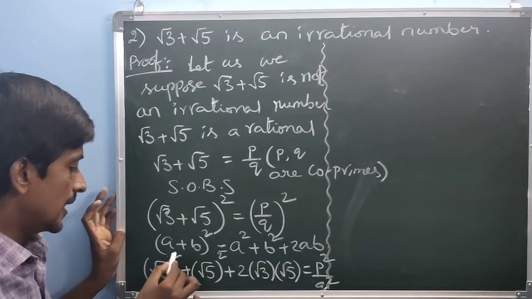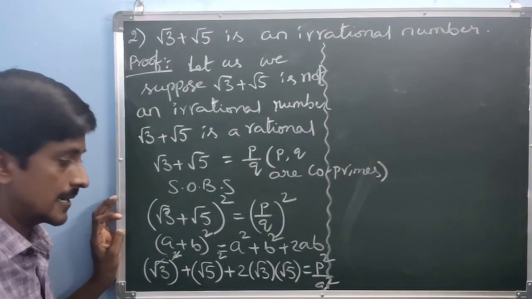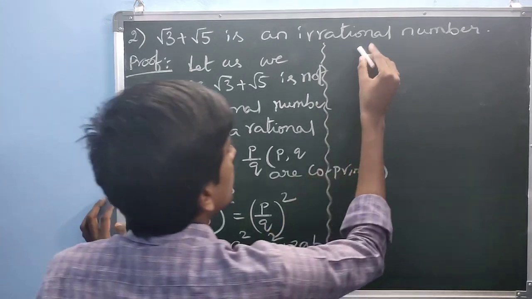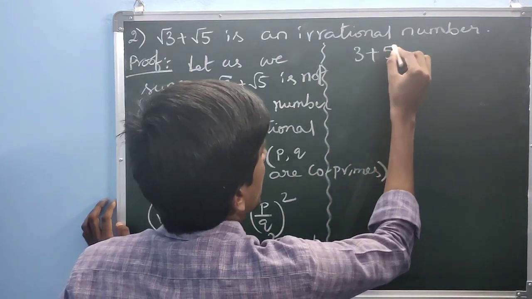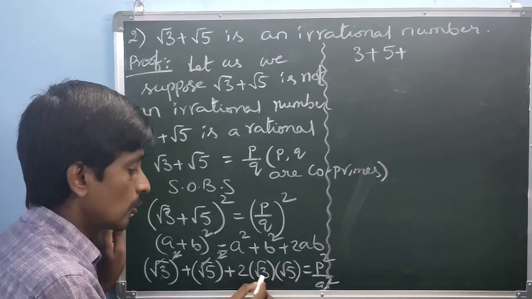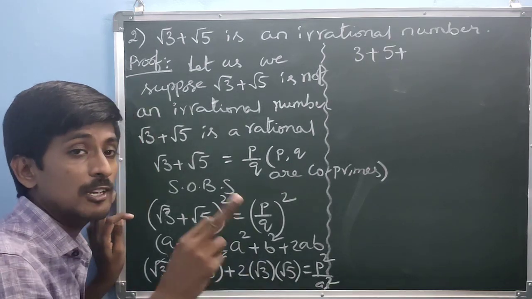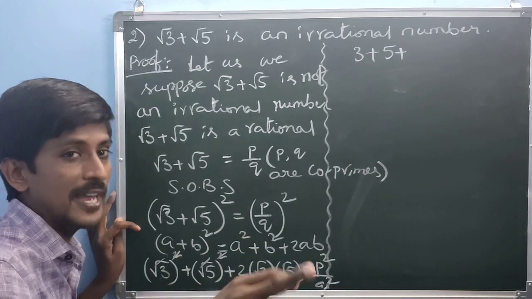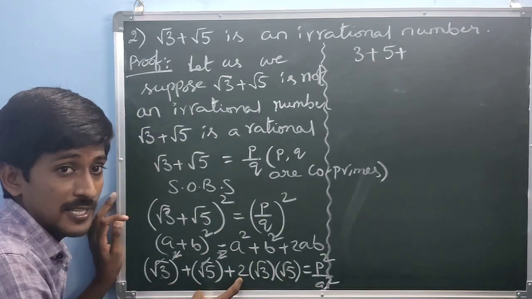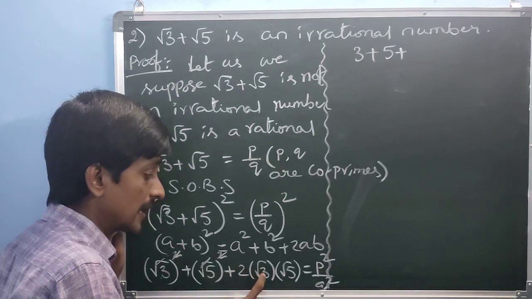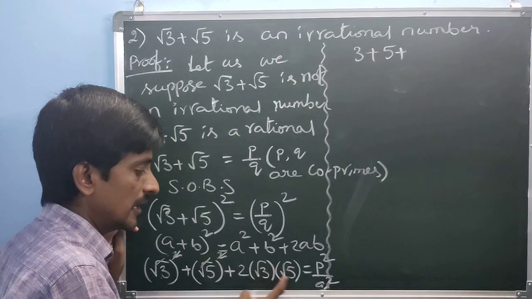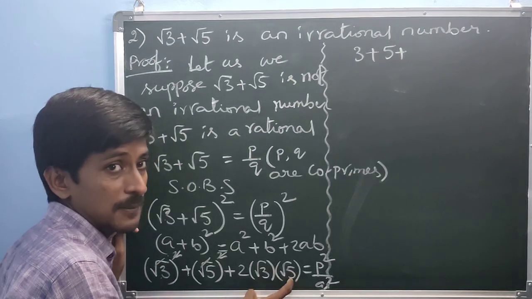Here the square and square root cancel: 3 plus 5 plus 2 into root 3 into root 5. Root A into root B equals root of AB. Don't multiply the rational number with the irrational number; only the two irrational numbers are multiplied.